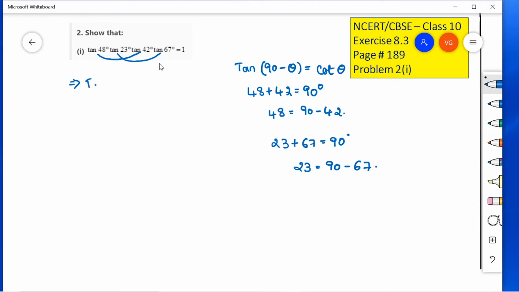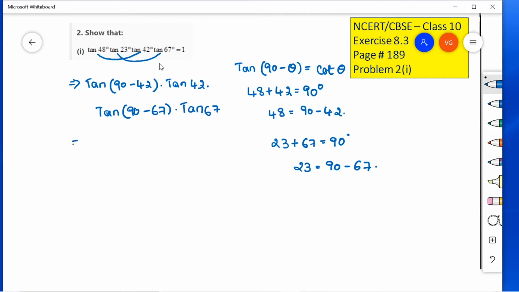Tan 48, that can be written as tan 90 minus 42 into tan 42, right, multiplied by tan 23 can be written as tan 90 minus 67 multiplied by tan 67, right.